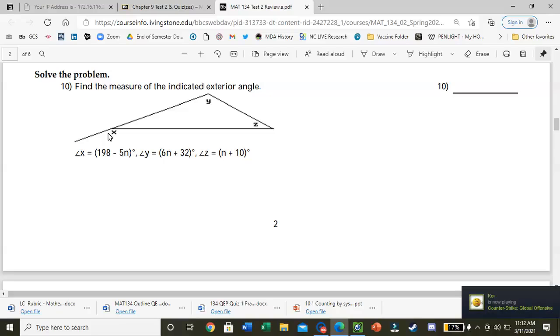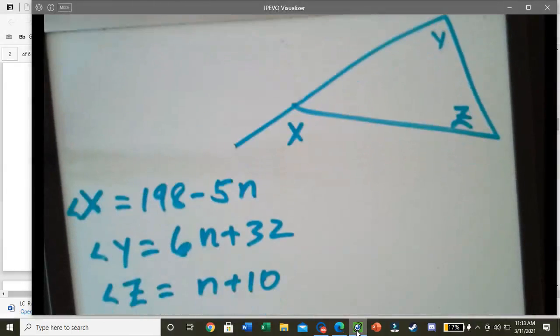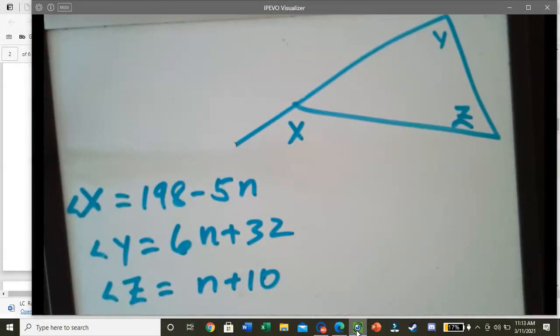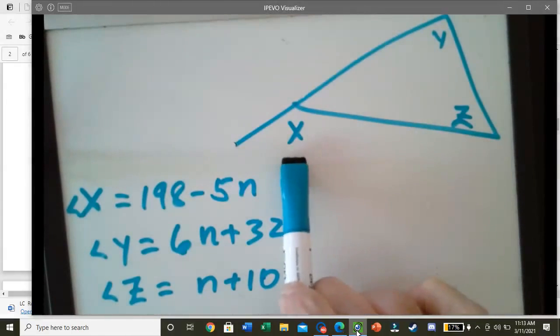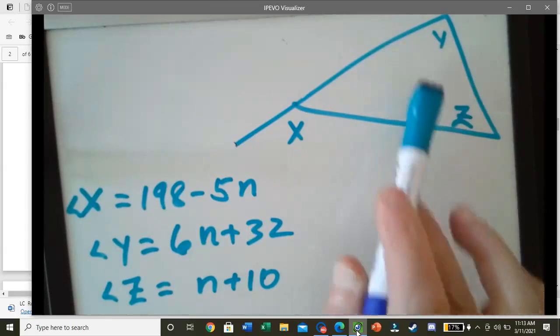Angle Y is 6n plus 32, and angle Z is n plus 10. Okay, so this is what we got. Now, what principle here can we apply to exterior and, I'll give you a hint, to remote interior angles?